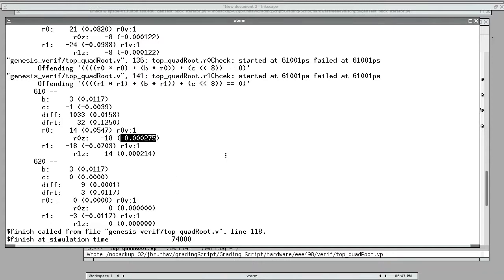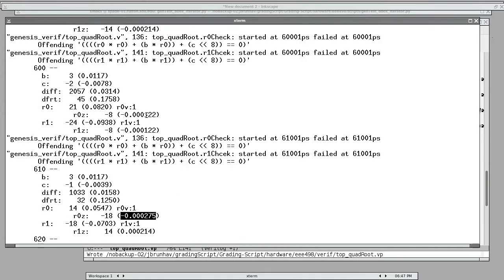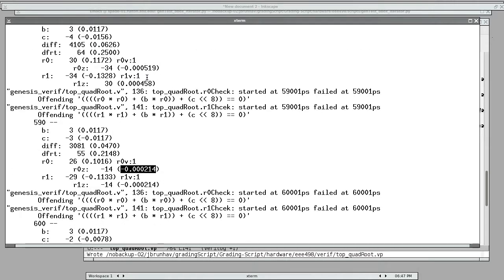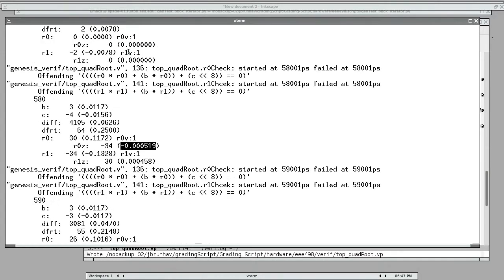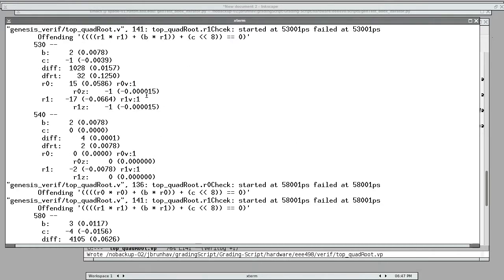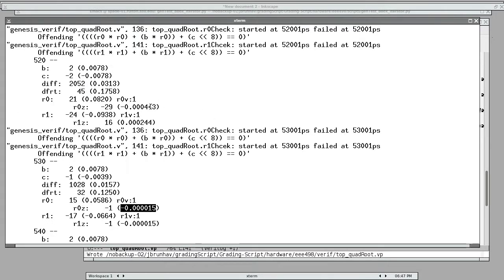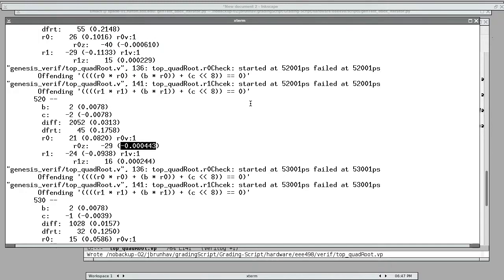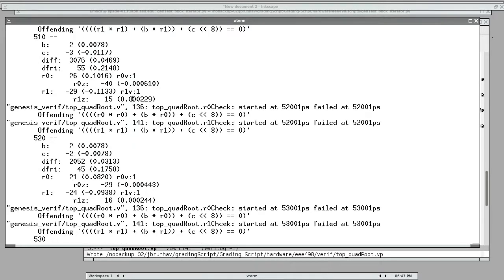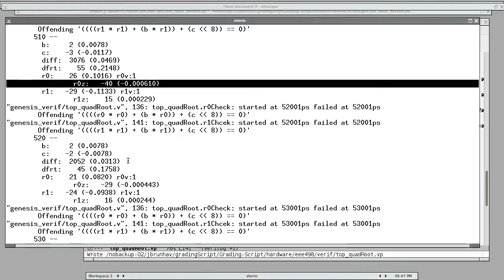So that's 3 zeros. Okay, and that's 3 zeros. That's 3 zeros. That's actually 0, so we hit it perfect. That's 4 zeros. That's 3 zeros. So we seem to have some noise that could be as big as minus 40.